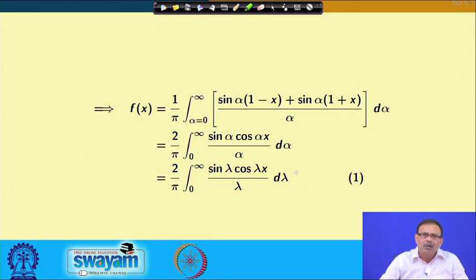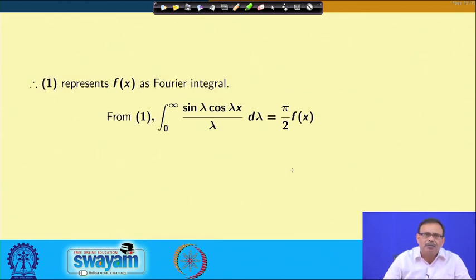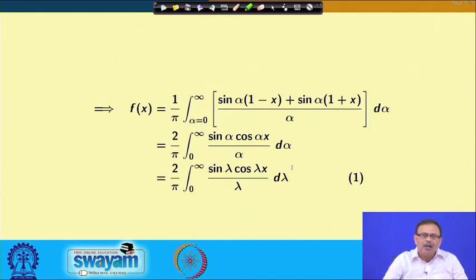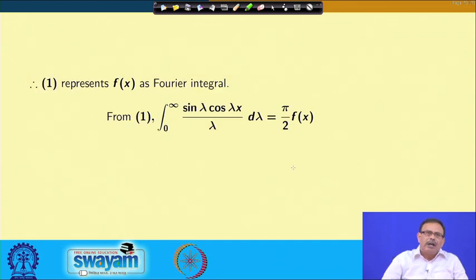And this one represents f(x) as a Fourier integral. Again, from this one I can write that the value of the integral is nothing but π/2 times f(x). So, that only I am writing: from 1, the value of the integral is π/2 times f(x), and you know what f(x) is.